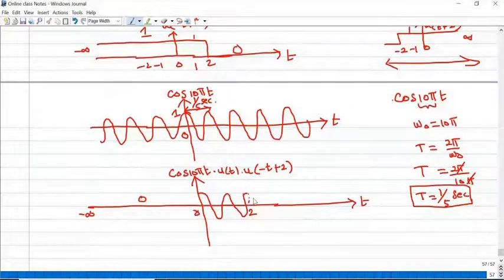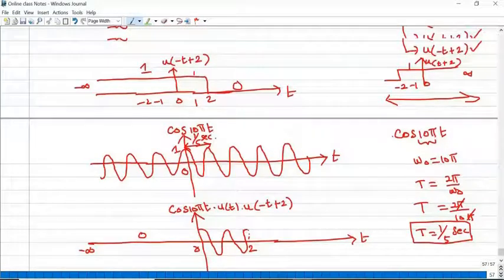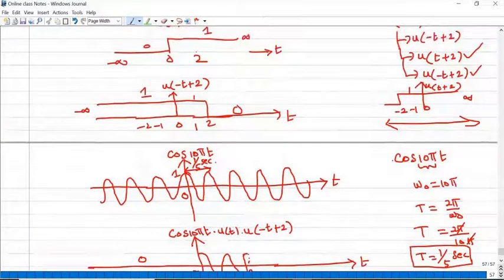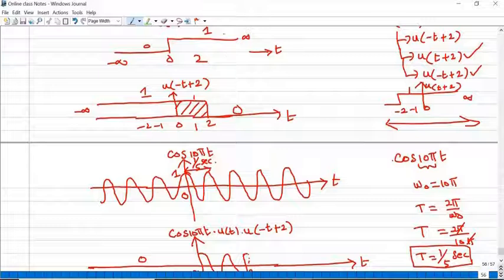Now you have to calculate the energy of this particular signal. Sketch the signal carefully. Do you understand how to draw this signal? In u of minus t plus 2, only from 0 to 2 the magnitude is 1; from 2 to infinity it is 0, and 0 multiplied with any value gives 0.